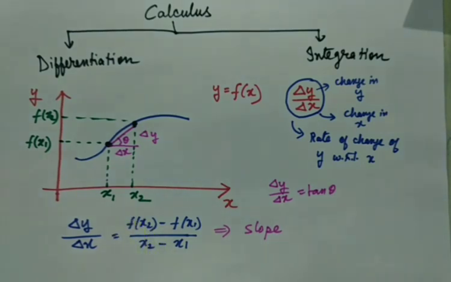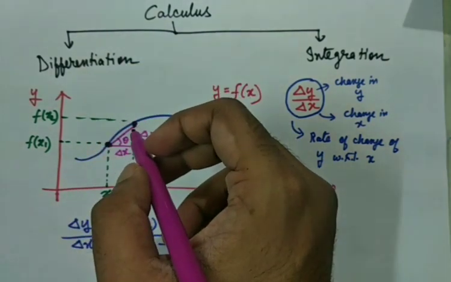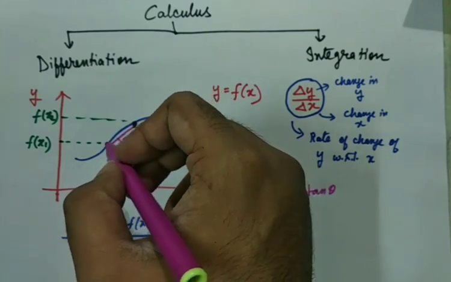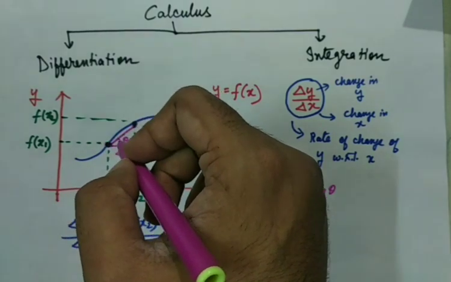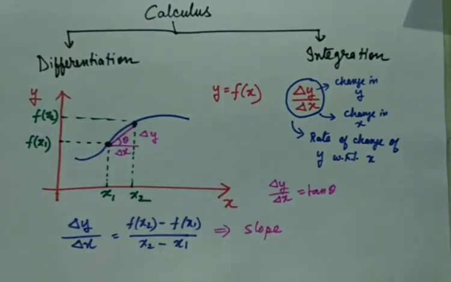Now, my question is, if I want to find the instantaneous change at a point, what would have been my approach? Let's take a new page.